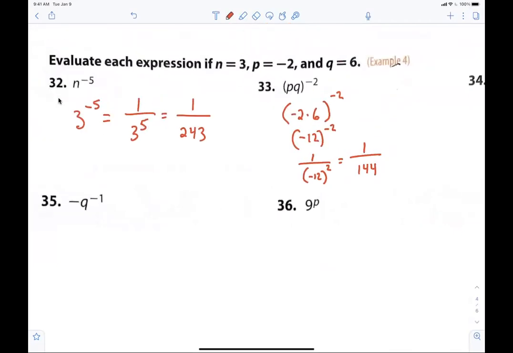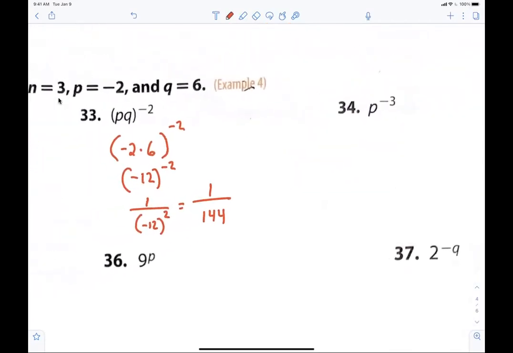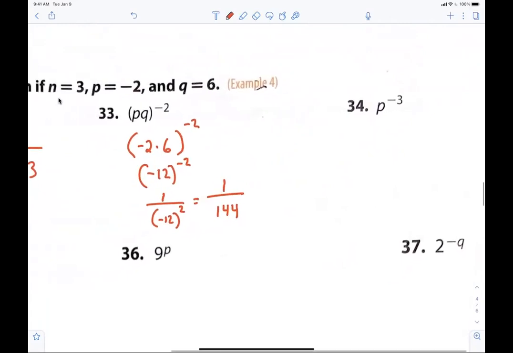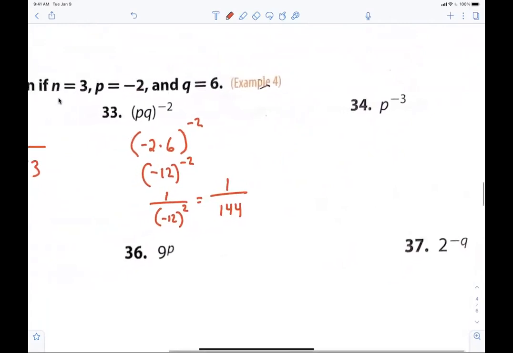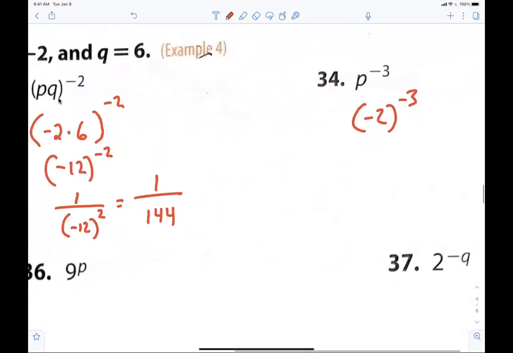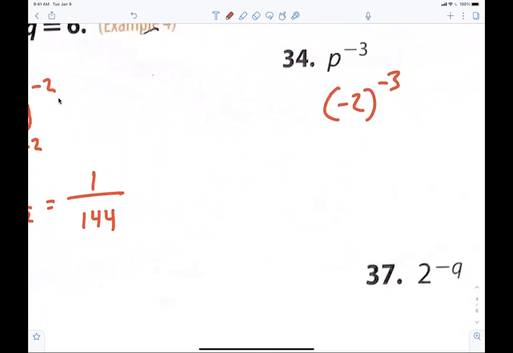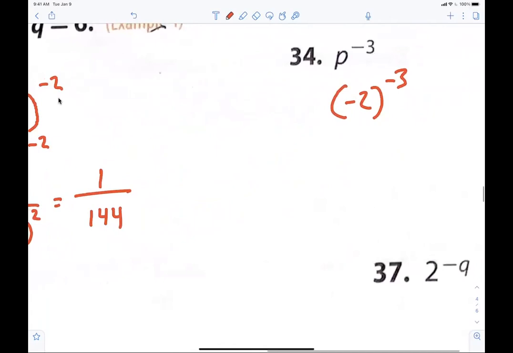All right, Wilson, 34. Oh, okay. So P is negative 2. You change it into a fraction.